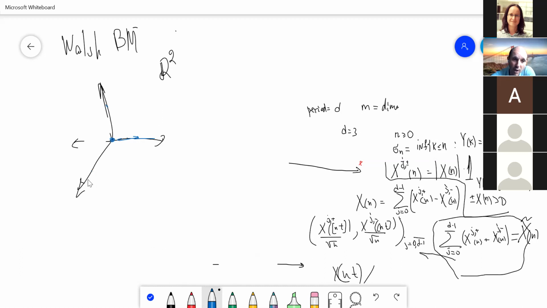If you are here, you behave like a Brownian motion on this line. And when you hit 0, then the next excursion will be like an excursion of a Brownian motion on this ray or this ray or this ray.